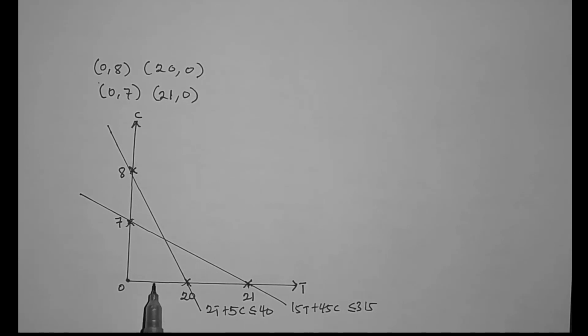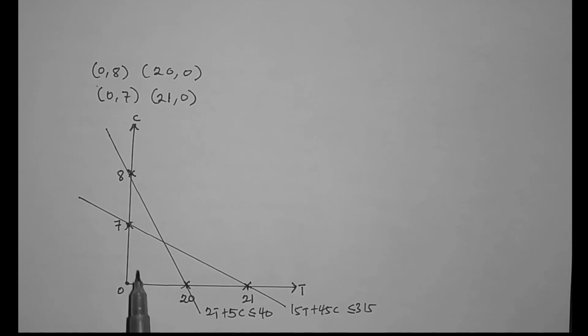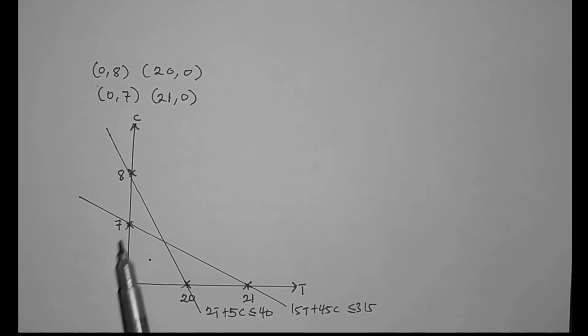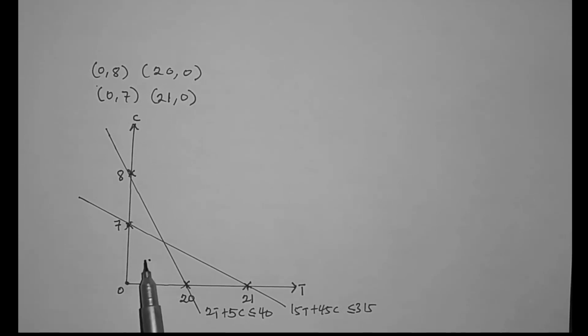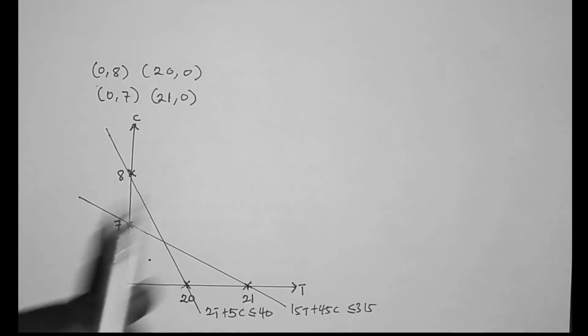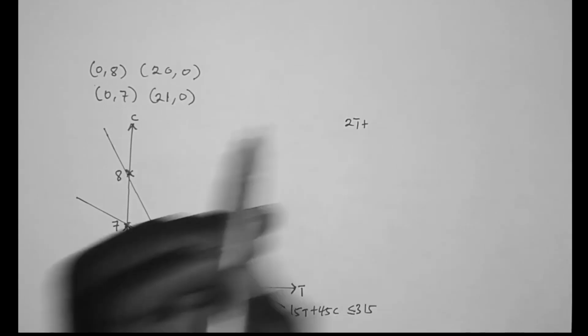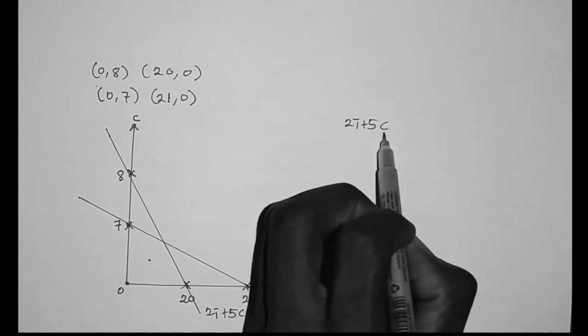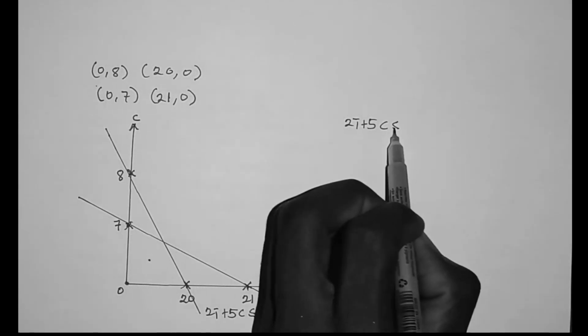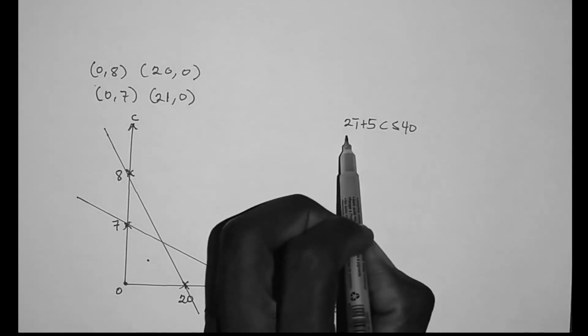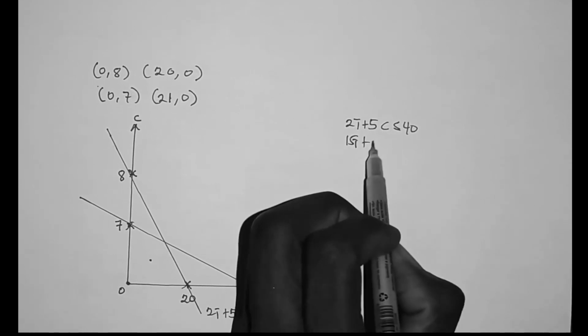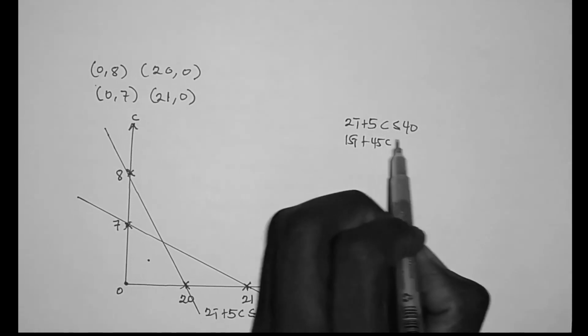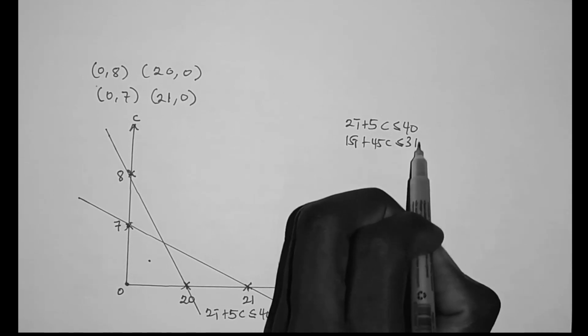Let's say 5, 5. The point 5, 5 will be in this region because 5 is less than 20 and 5 is also less than 7. So the inequalities are 2T plus 5C is less than or equal to 40, and 15T plus 45C is less than or equal to 315.